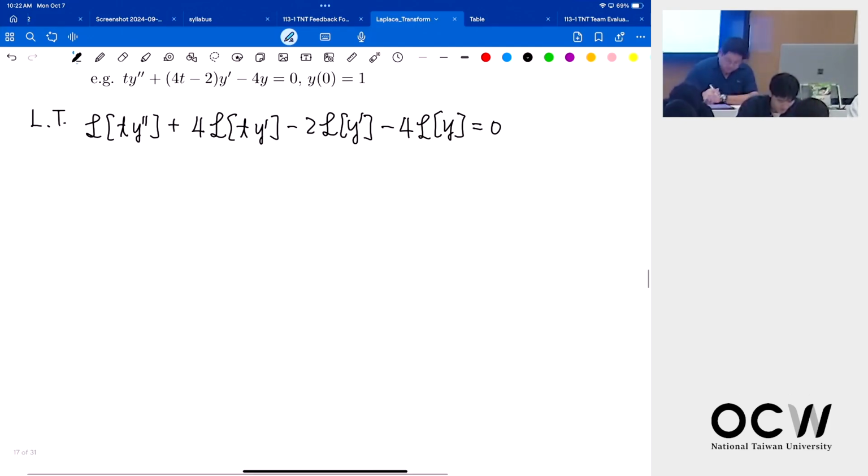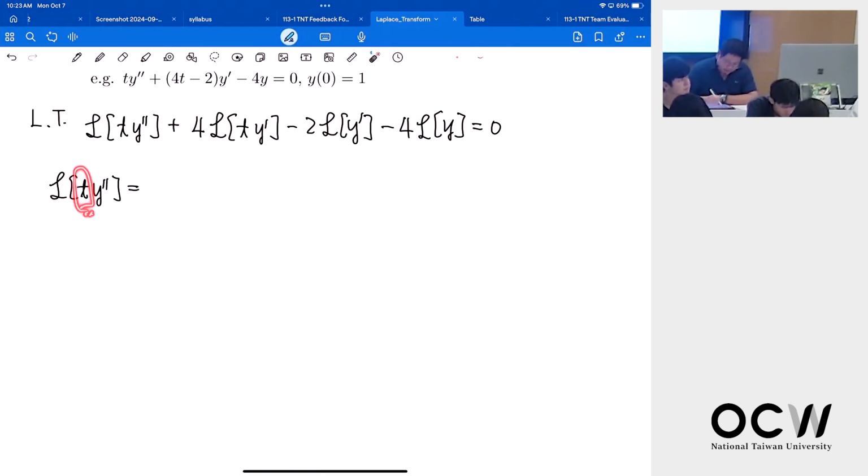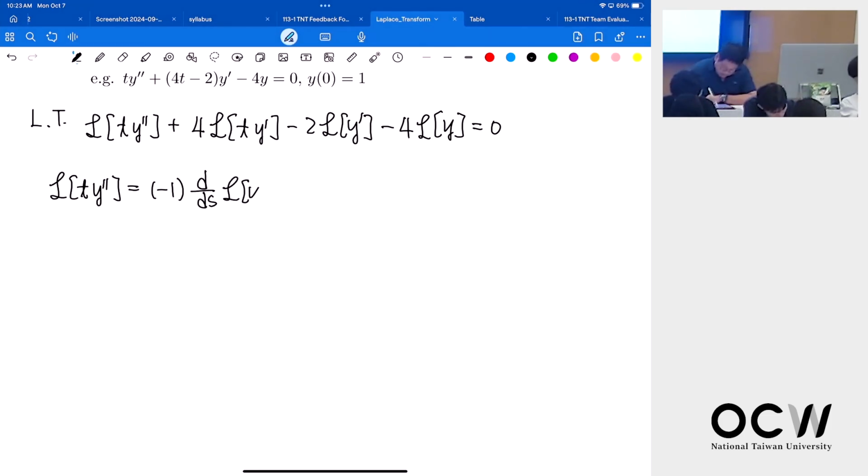First, you'll see the Laplace transform of t y double prime. Again, I multiply by t in the time domain, then I will expect the derivative in the Laplace domain. Here it is minus 1 d over ds of the transform of y double prime. Since I just multiply by t, my power is 1.